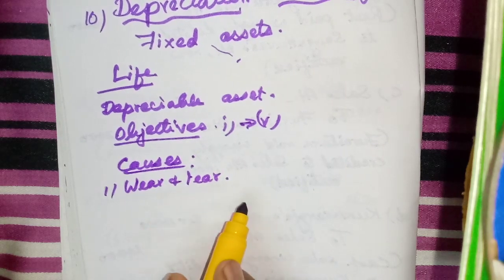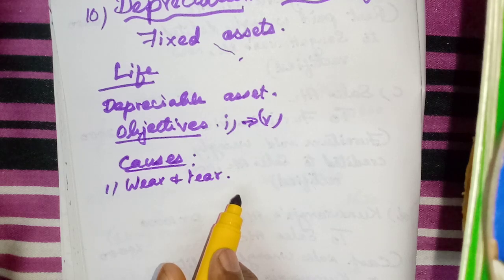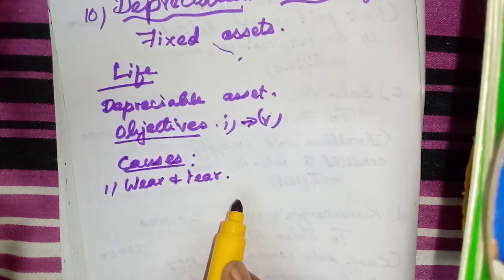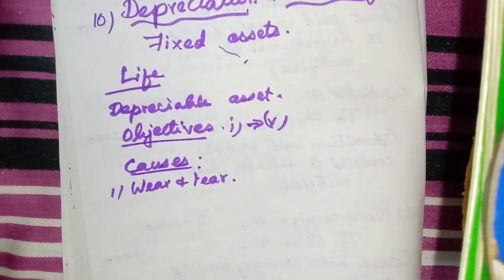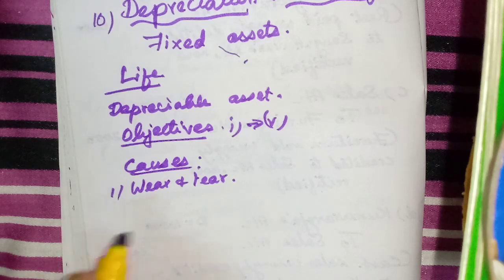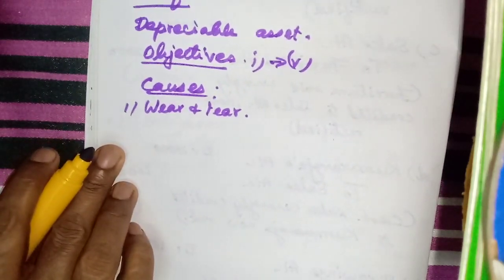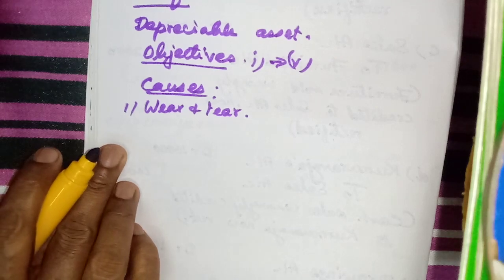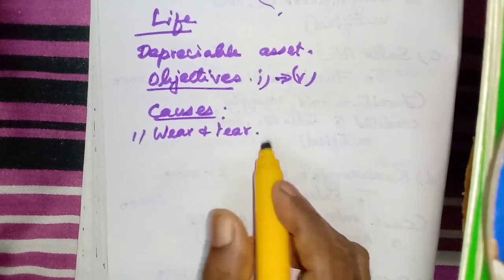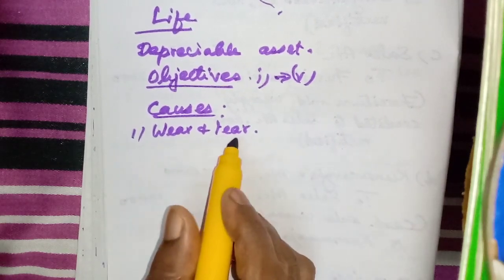Okay, when we use an asset, a tangible asset, it will get deteriorated. That means the value will get reduced by its use. That is called wear and tear.